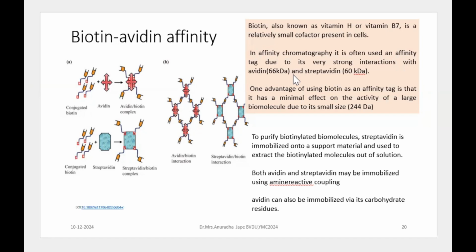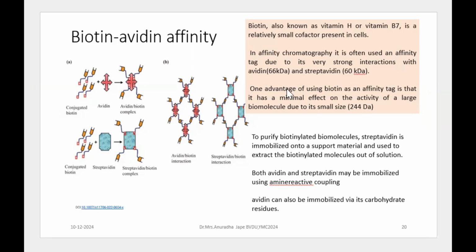So when you add biotin as an affinity tag, can we elute your molecule of interest under non harsh conditions? That is very important.